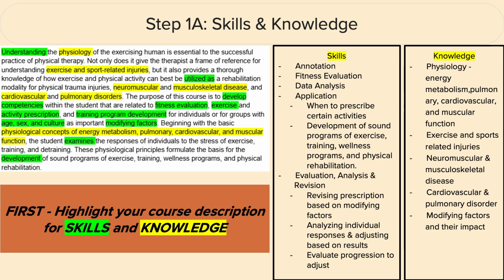And then finally, I found the highest level skill, which again is going to show up in any course you take, is evaluation, analysis, and revision in that way. All right? The knowledge that I saw that was unique to just this course, or might have been a through line for a specific content, was physiology, exercise and sports-related injuries, neuromuscular and musculoskeletal disease, cardiovascular and pulmonary disease, right?